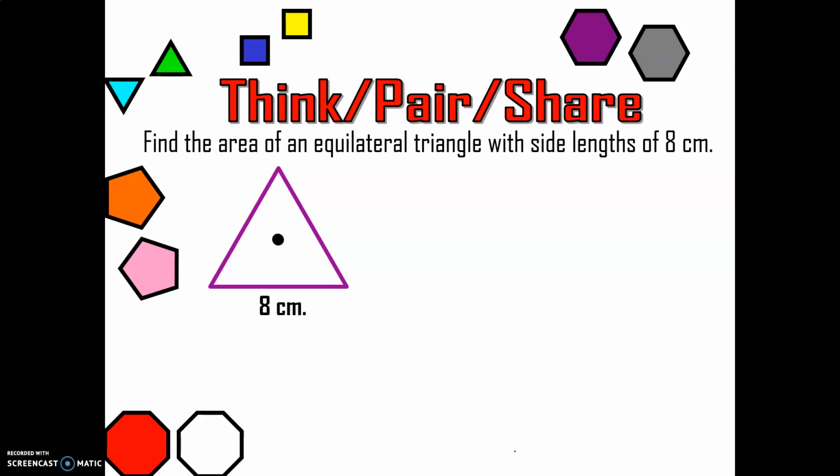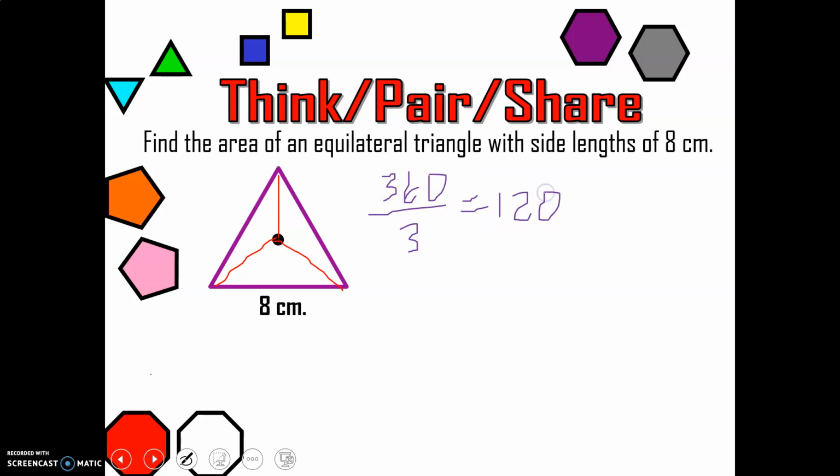All right, so again, using the regular polygon method of solving this, we can divide this into 3 congruent triangles, which means you're going to take 360 divided by 3, which is going to give you 120.